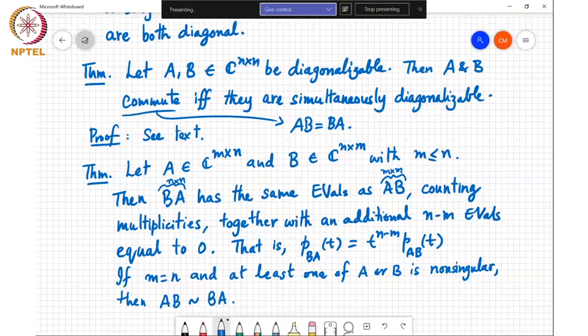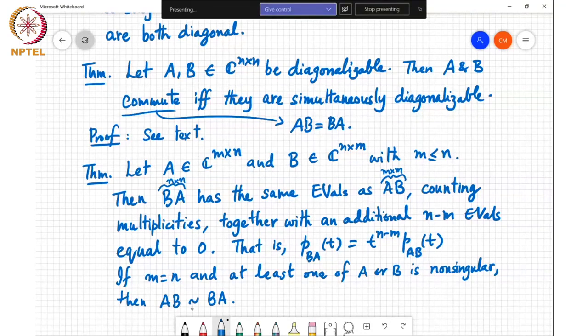So this is one example where having the same eigenvalues is actually sufficient for the matrices to be similar, provided two other conditions are satisfied, namely that m equals n and at least one of A or B is non-singular.